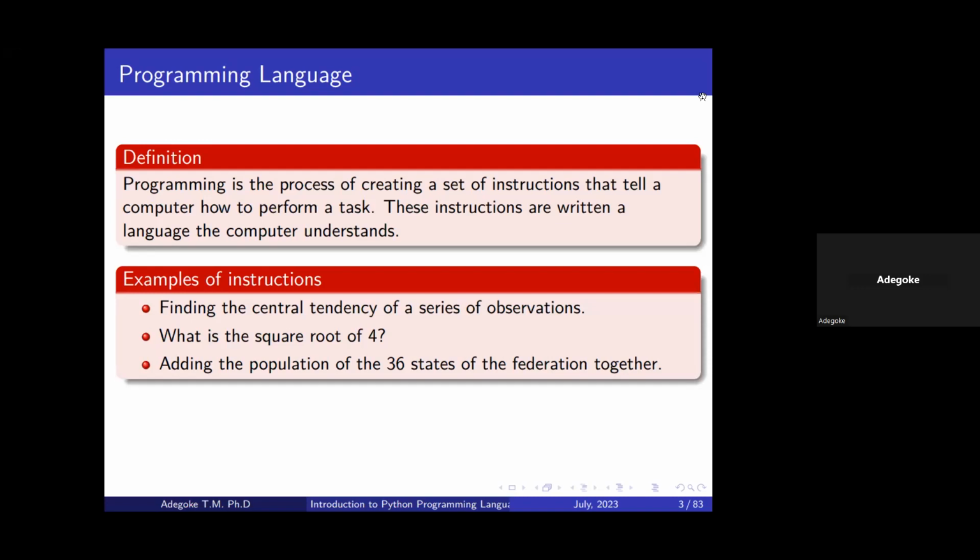The different ways computer understands this programming language can be basically through instructions. There are two languages that computer understands, which is zeros and ones. So for computer to understand these zeros and ones, there is a way we need to set up, to give instruction to computer to perform that particular task.